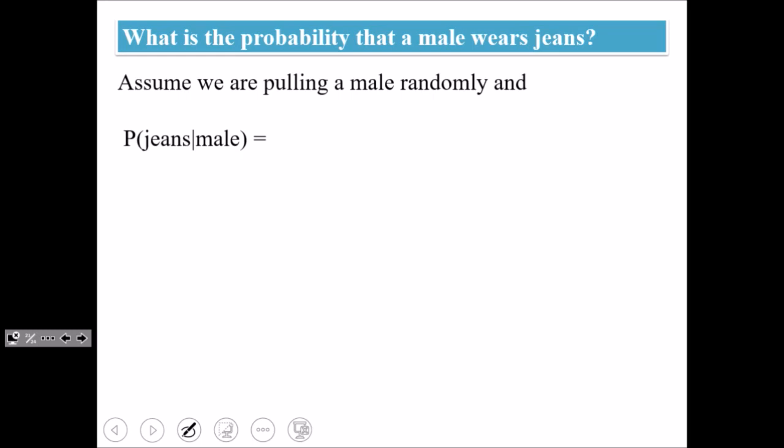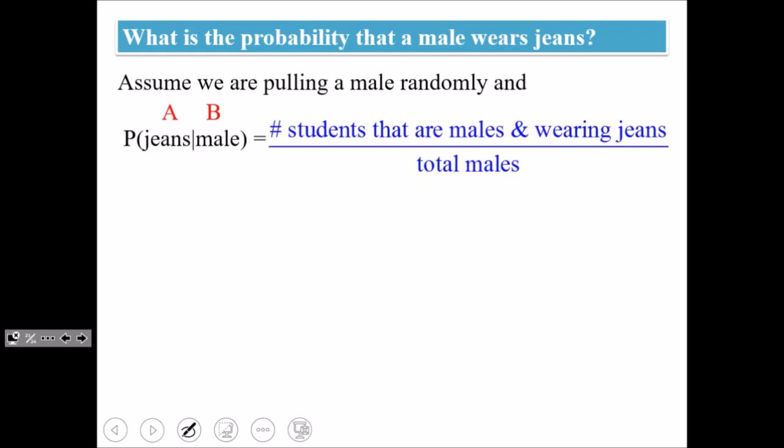So use our formula. Probability of A given B. So that's the number of students that are male and wearing jeans. In this case, that was 10. So my numerator is going to be 10. And total males, we had 15. I could simplify it. We have 2/3.